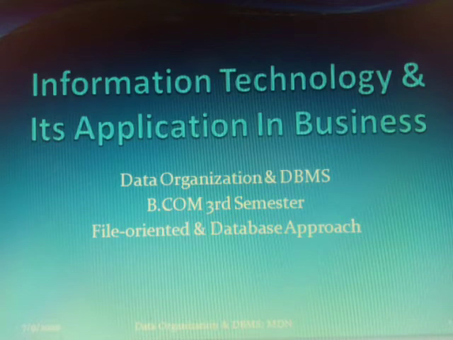Some might have both read and write, so they can write data into it as well as read it, but they cannot execute. And some users might have execution permission, which means they can execute some work on that file with the data. So there are various levels of permission. This type of permission access is given in a database, and it is not available in the traditional file approach.